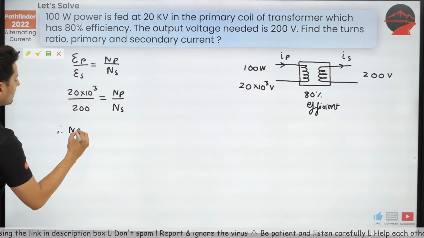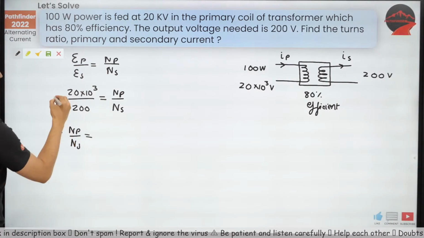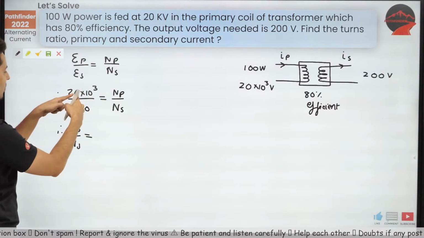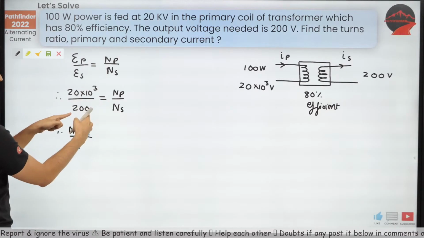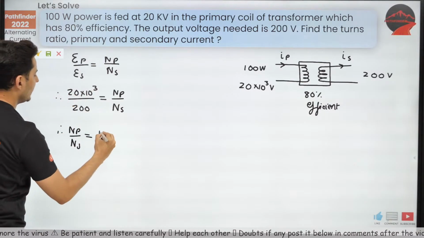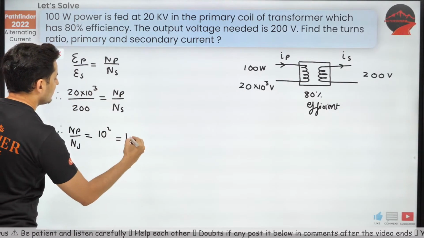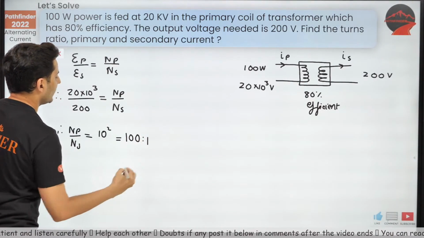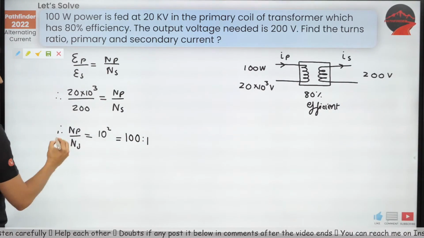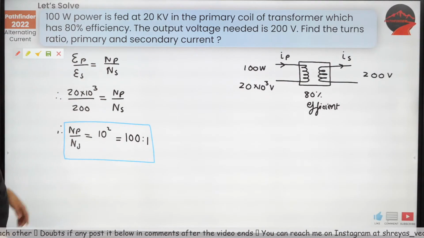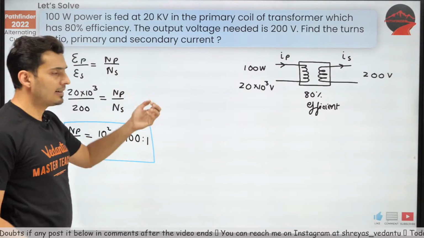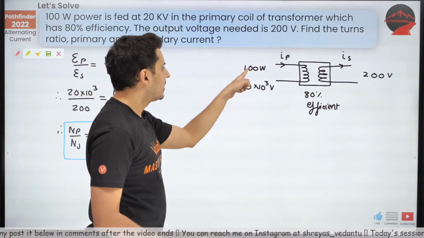Therefore, NP by NS will be how much? 200 and 200 will cancel, only 10 to the power 2 will be remaining. That is basically 100:1. So that's the first answer that we got. 100:1 is the ratio.